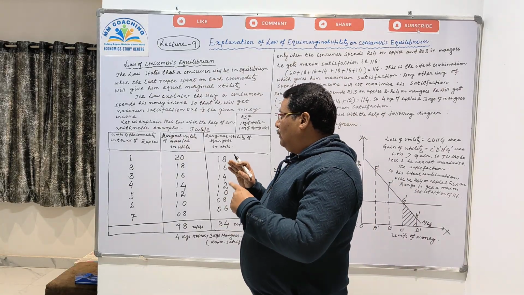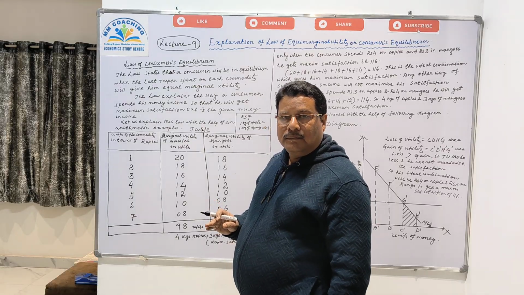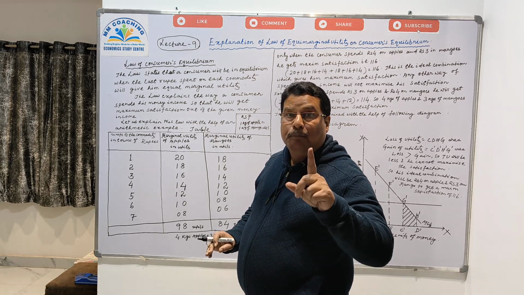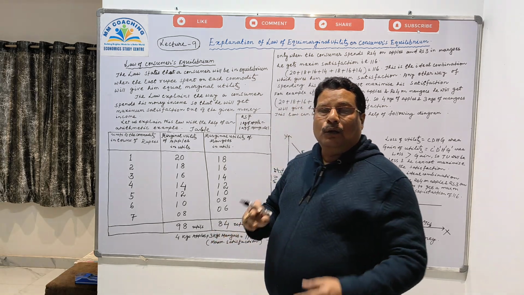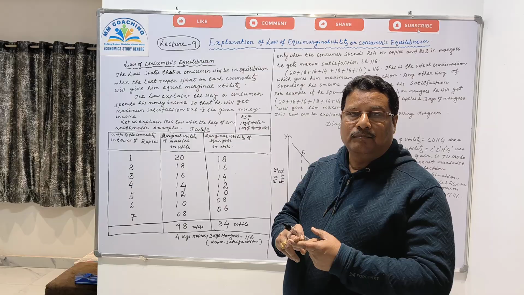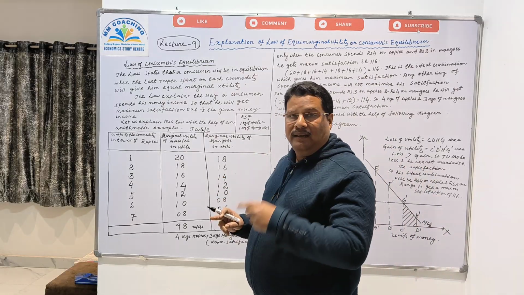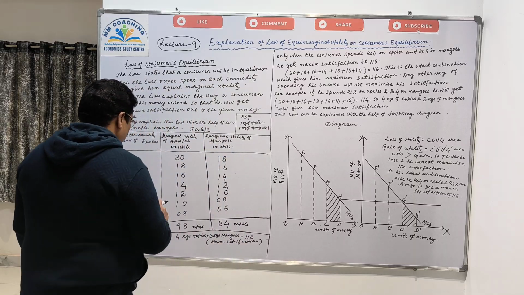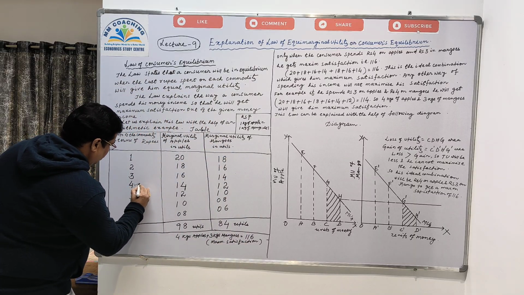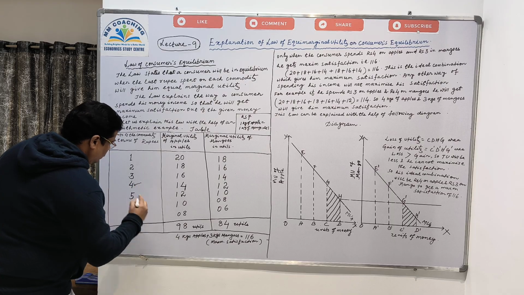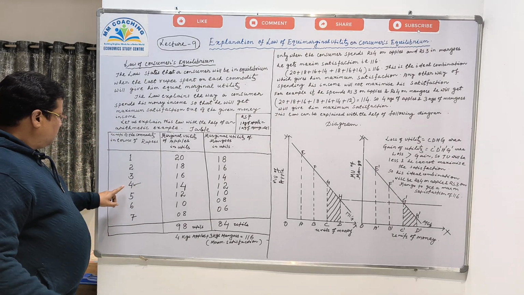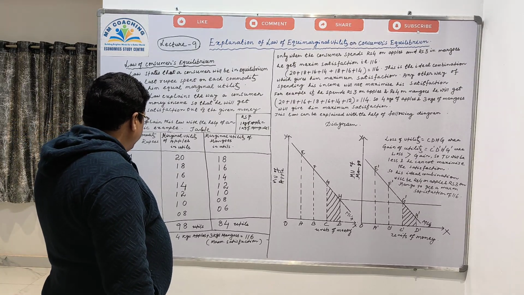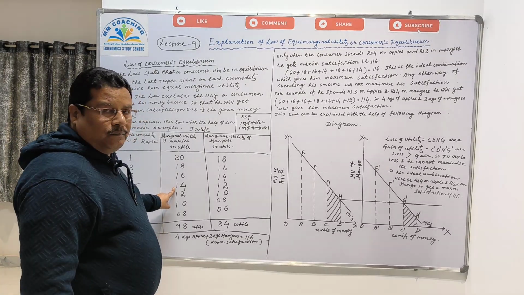तो वो जब 4 रुपी स्पेंड करेगा कहाँ? एप्पल्स में. तो व्हाट इज द लास्ट रुपी ऑन apples? That is 4. Fourth is the last rupee spent on apples.